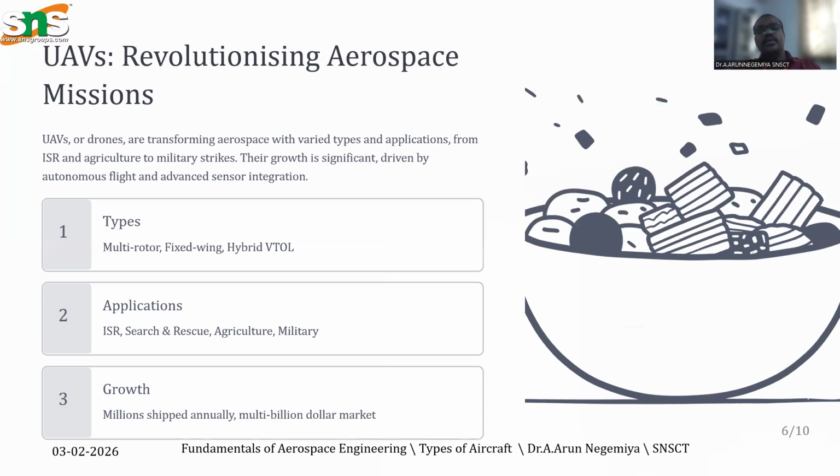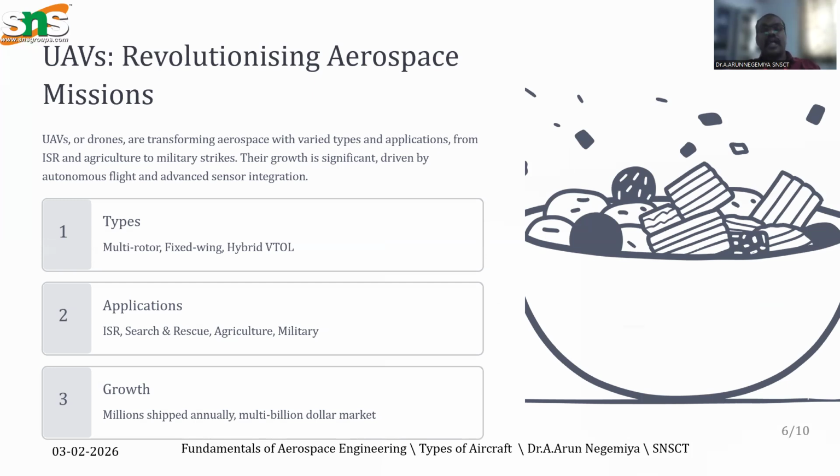Next up is the UAV. Generally, UAVs are classified into 3 types: first, multi-rotor; second, fixed wing; and third, hybrid VTOL. VTOL means vertical takeoff and landing.